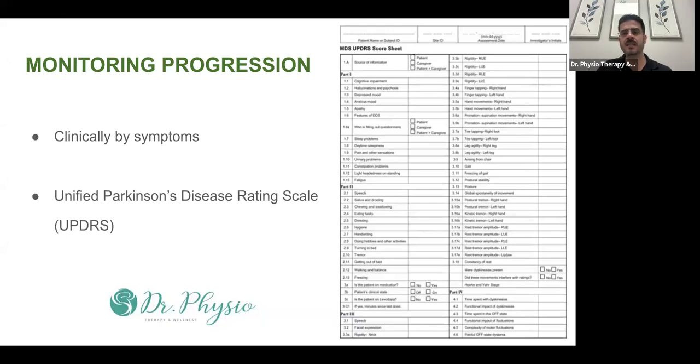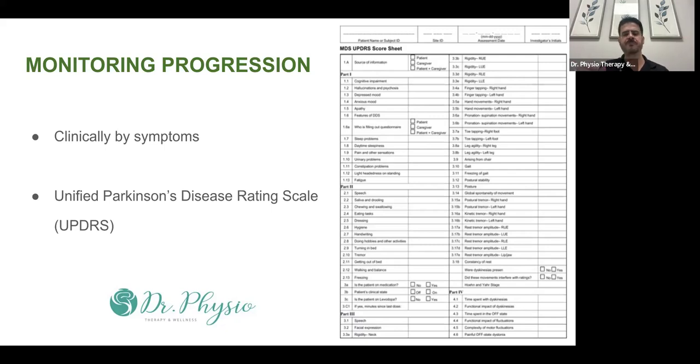And they use a scale. They check the symptoms that you have, what complaints you're presenting, and they use what is called the Unified Parkinson's Disease Rating Scale, and they will assess some motor aspects of your daily living, activities of daily living.